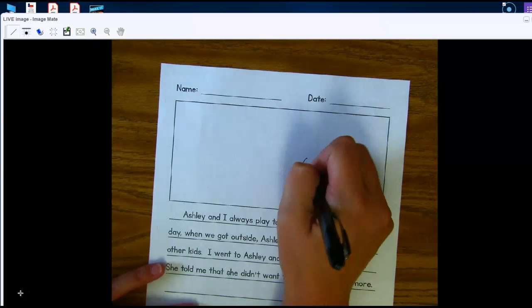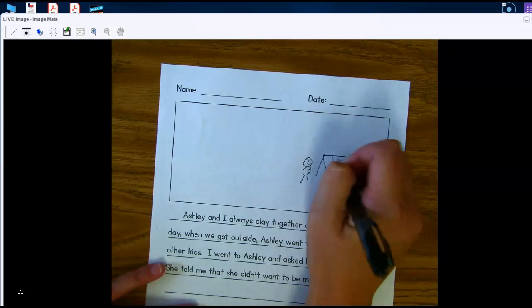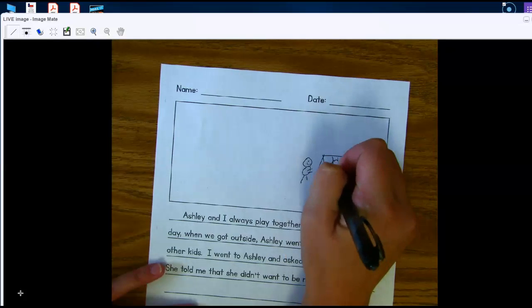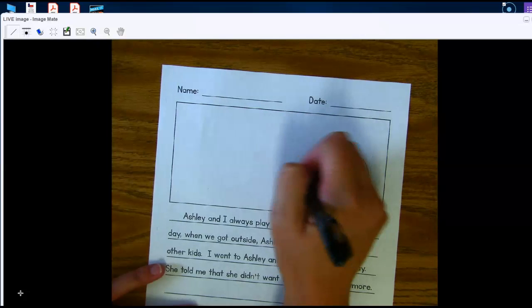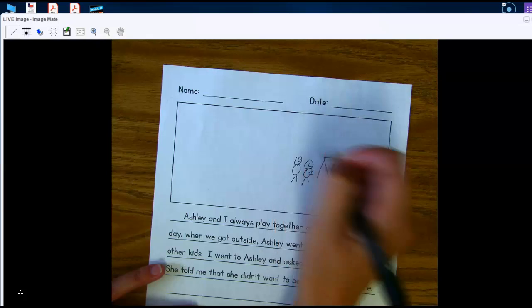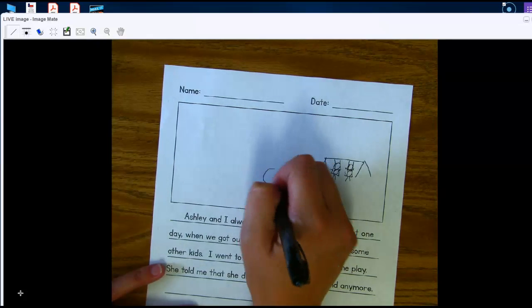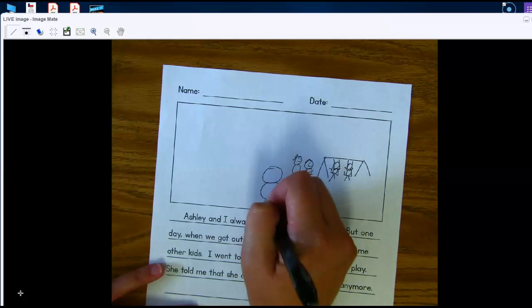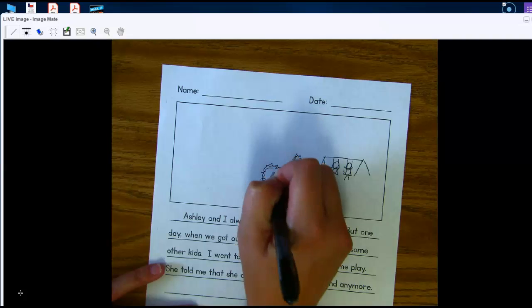And here's the other kids, right? Maybe one's swinging, or two are swinging. And then some other kids are playing over here. What about the slide? Okay, so here's some kids. And here's Ashley. She has curly hair.